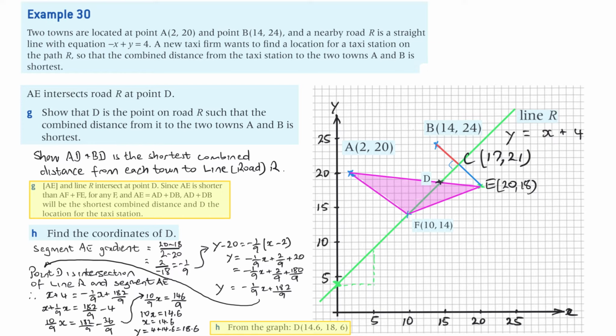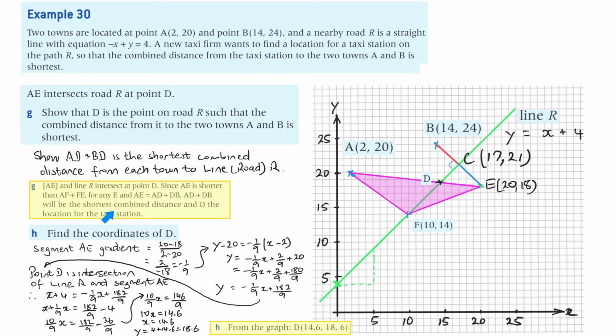All right, now the answer in the book says AE and line R intersect at point D. Since AE is shorter than AF plus FE, that was the previous one, right? AE is shorter than AF plus FE. For any F, AE equals AD plus DB. So AE equals AD plus DE, and DB and DE are the same.